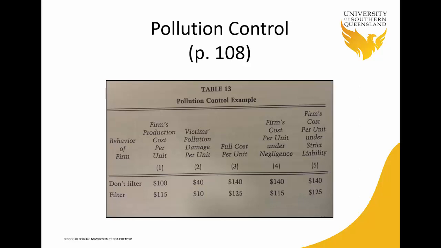They are not responsible for the $10 damage that will still accrue to the victims if the firm filters. Okay. Now, looking at that, you could see that the lower of these two is still again the option to filter. So the firm looks at that, and with backward induction in game theory, for example, they would look at that and then would say, before they do anything, we should then go ahead and filter, which is great because that's exactly what we want to happen, because that's the efficient outcome.